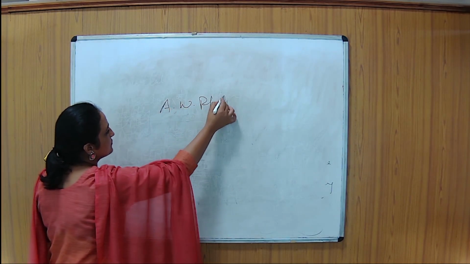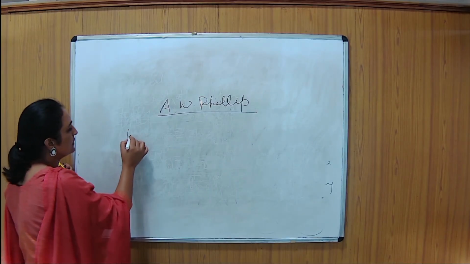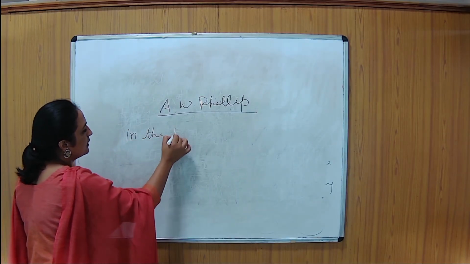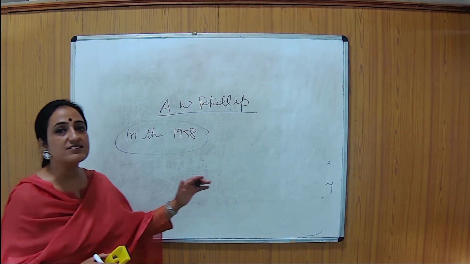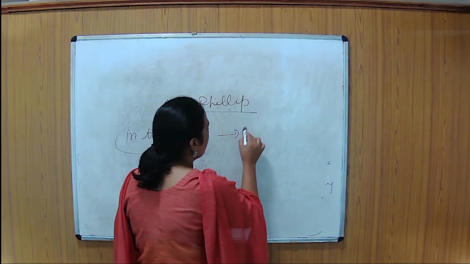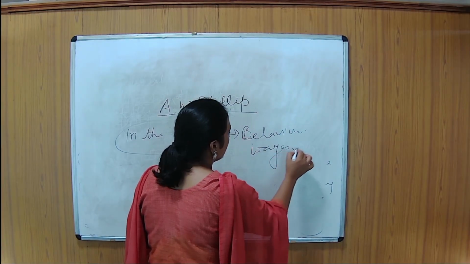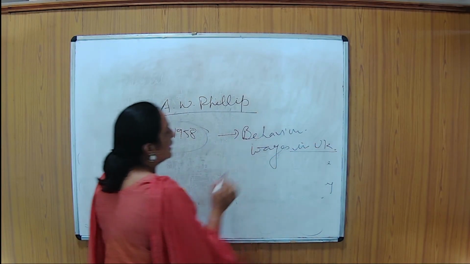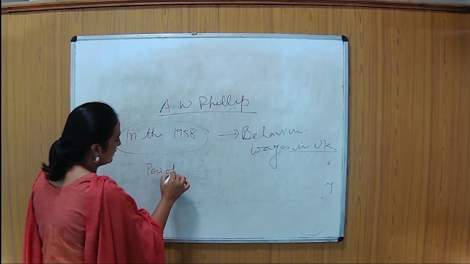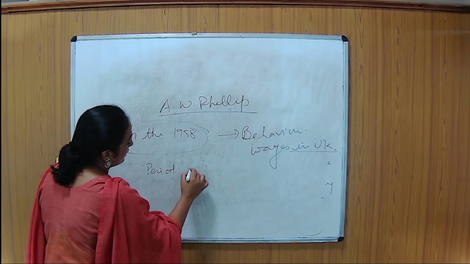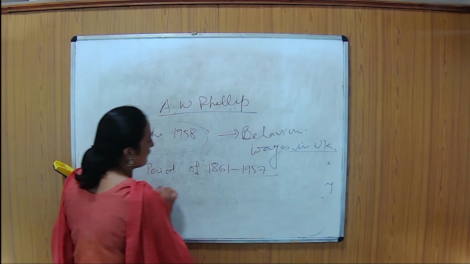In the year 1958, he published his detailed study on the behavior of wages in the UK in the period of 1861 to 1957.